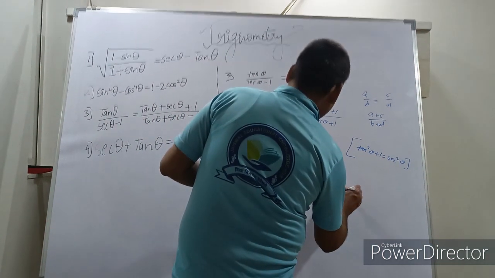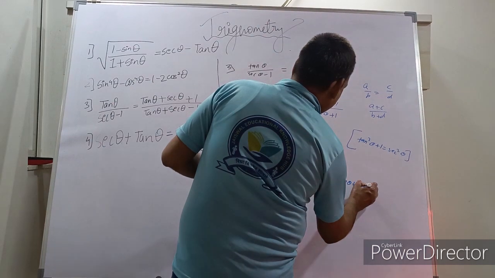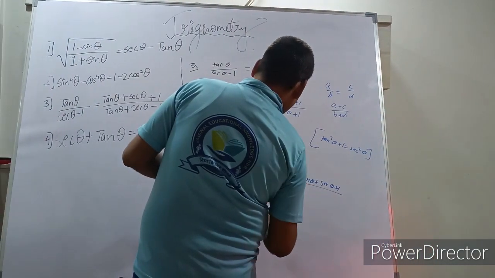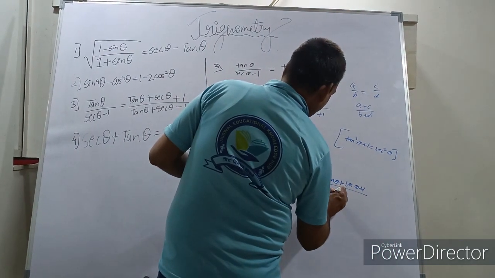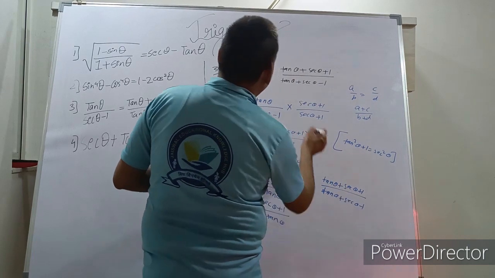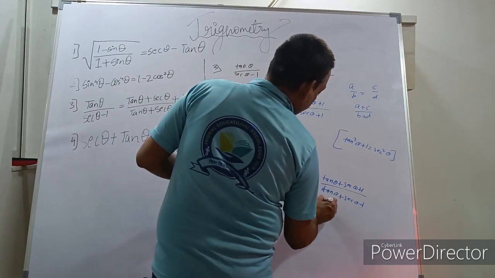So by using the equal ratio theorem, we have tan theta plus sec theta plus 1 upon, first writing the tan theta, tan theta plus sec theta minus 1. So if you see, this is the same as the RHS.